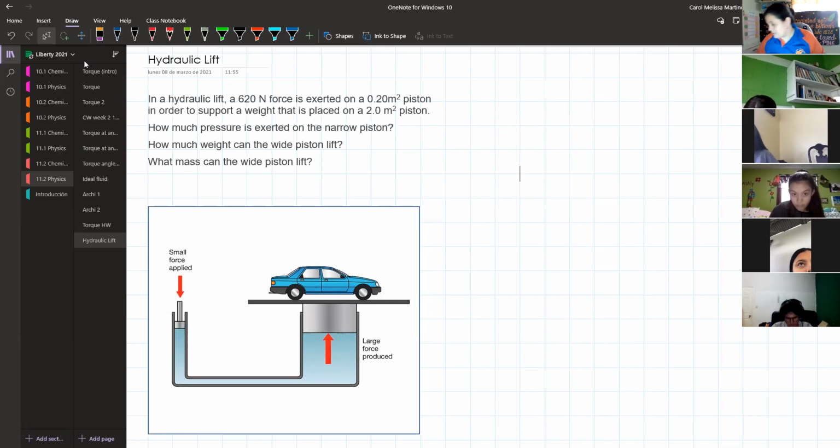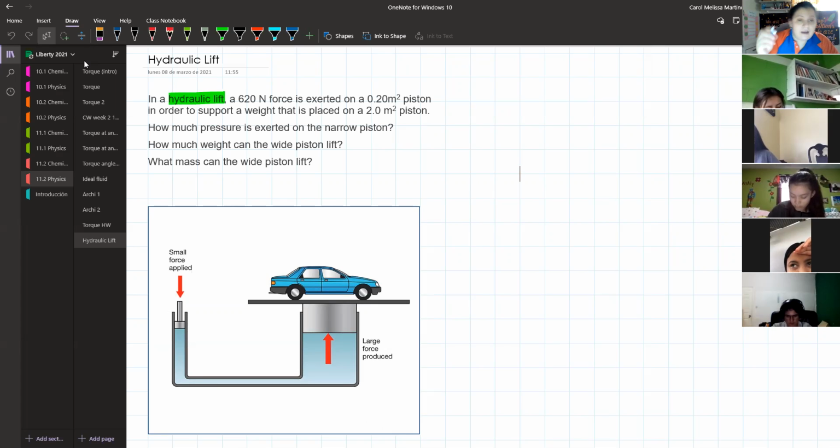Okay, so the first thing that we need to do is gather the information from the word problem. First, I know that it's about a hydraulic lift. That's the kind of exercise this problem is about.